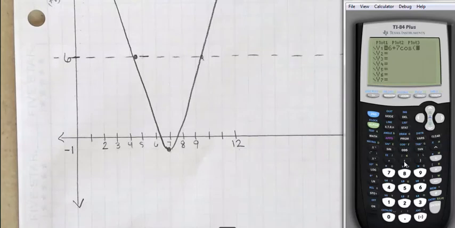So I'm going to put that in its own set of parentheses, times the quantity, which I'm going to put in its other parentheses, x minus 2. I'm going to close both sets. Let's see here. Oh, and I should probably think about my window.